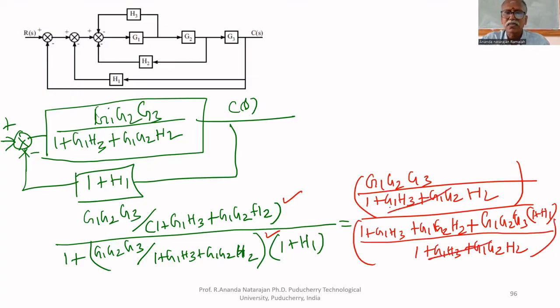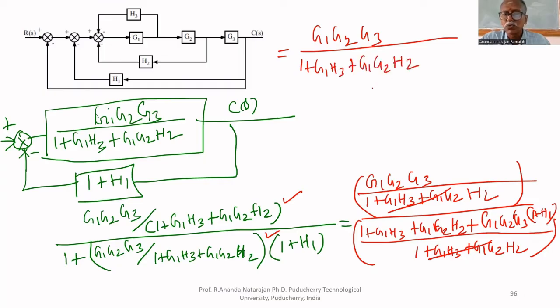This and this are getting cancelled. Therefore, numerator becomes G1, G2, G3 whole divided by 1 plus G1, H3 plus G1, G2, H2 plus G1, G2, G3 plus G1, G2, G3, H1. That's all. This is the final transfer function.